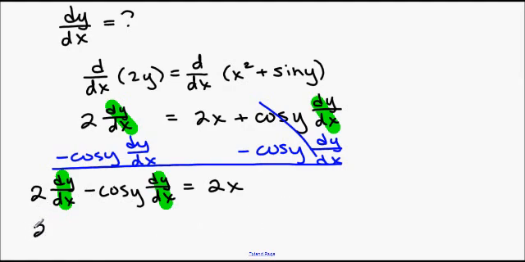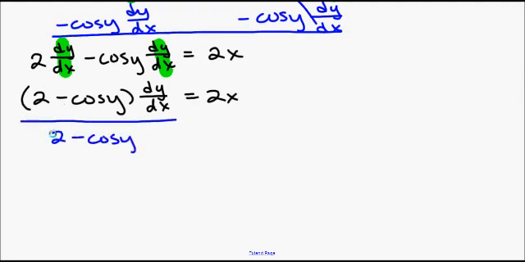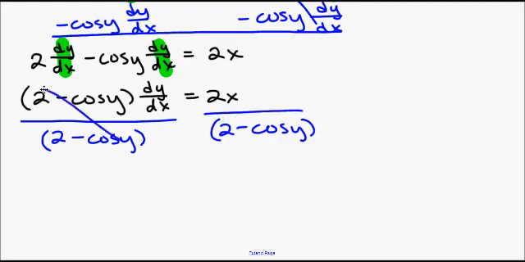So this is 2 minus cosine y, dy/dx equals 2x. Last thing to get dy/dx by itself is to divide by 2 minus cosine y. Bam. So dy/dx is 2x over 2 minus cosine y.